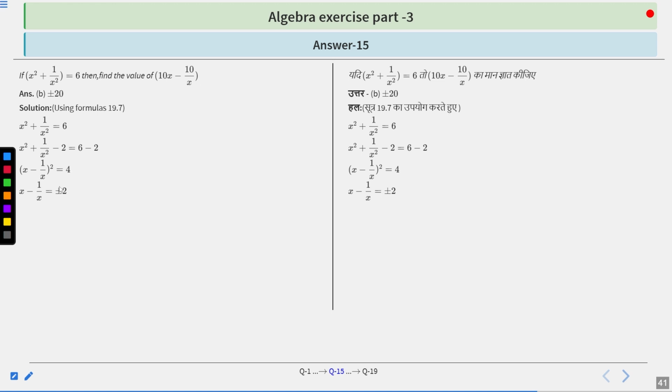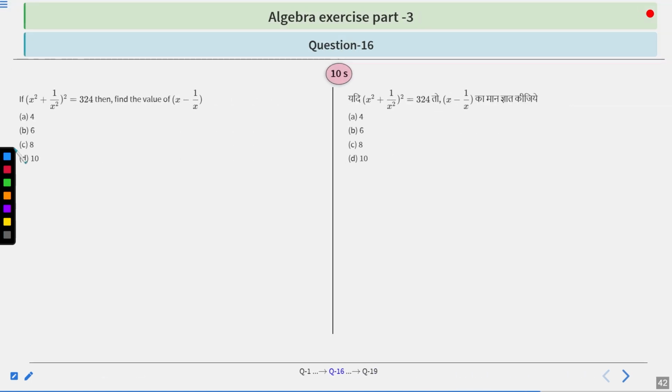And under root 4 is nothing but plus or minus 2. We have to find the value of 10x minus 10 upon x. So multiplying this equation by 10, we get 10x minus 10 upon x equal to 2 into 10 is 20. That means plus minus 20 is the right option. Option number B is correct.